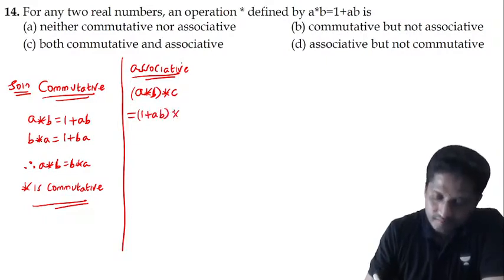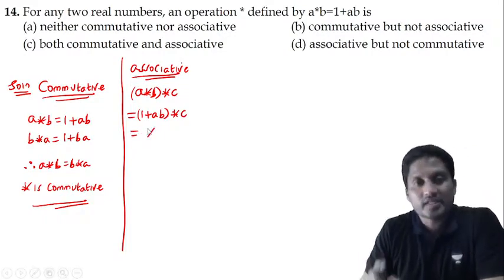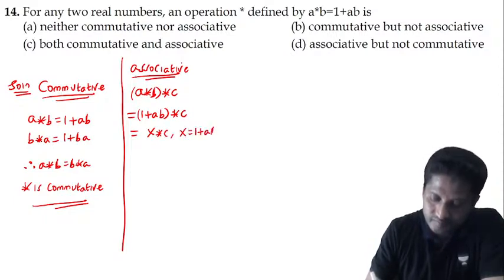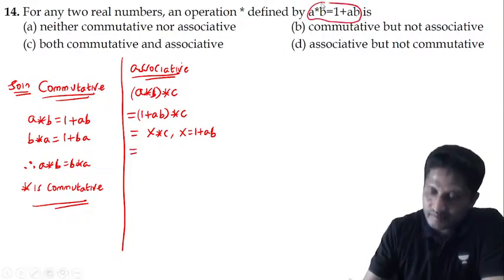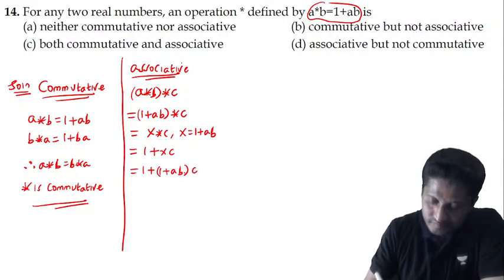Star C. I'm going to take A star B, 1 plus AB, as X. So this is X star C. Say this X is equal to 1 plus AB. Okay, X star C is equal to 1 plus XC, which is equal to 1 plus AB times C. Now if I multiply, you get 1 plus C plus ABC.